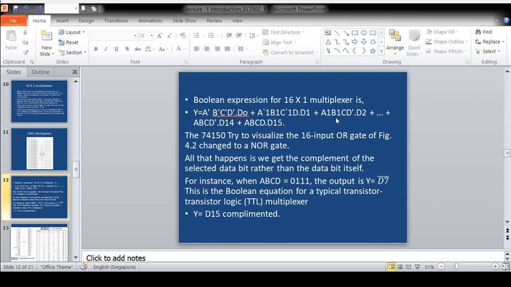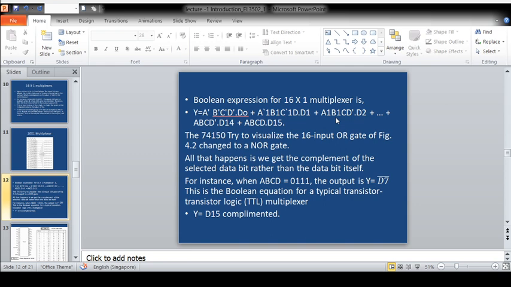The Boolean expression for the 16 to 1 multiplexer, you can write down like this. How to connect this? You can write it from the sum of products equation. The first gate requires the inputs A bar, B bar, C bar, D bar and D0. That means if A is 0, B is 0, C is 0 and D is 0, their complements A bar, B bar, C bar and D bar are going to be 1.